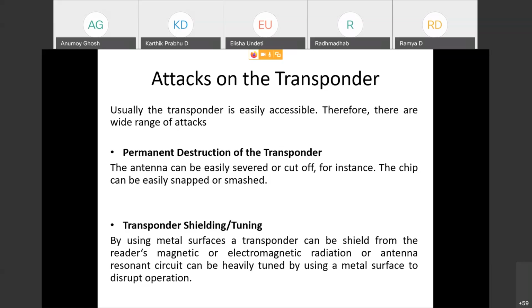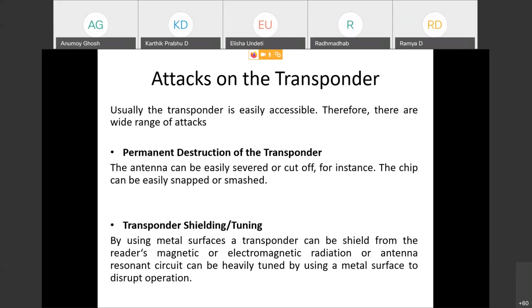The second thing is known as transponder shielding or tuning. It means everything is intact in the tag, but still the reader will not be able to detect the tag. Why? Because we know that if there is anything metallic in the vicinity of an antenna, the antenna radiation is affected very much. Second, if I shield the tag with any metallic object, now what is a metal actually?